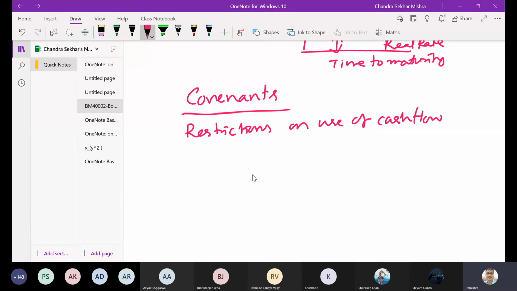All those restrictions can be there. That's why debt brings restrictions and interference. If you do not want interference, don't go for debt. Anyway, the company has to go for it because they need funds. So the restriction on use of cash flow ensures the interest is there. But I am talking about how I get the principal, which will be paid at the end of the term.